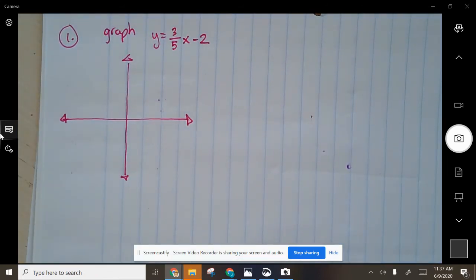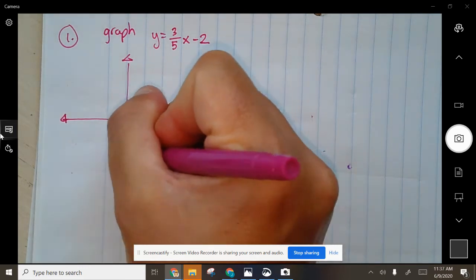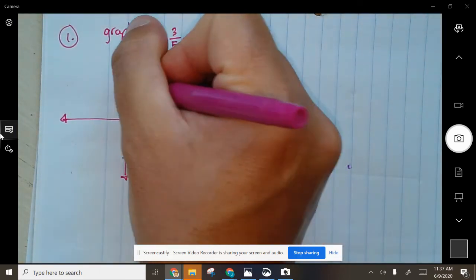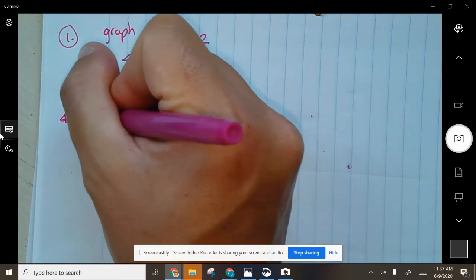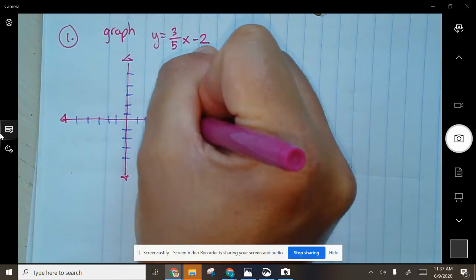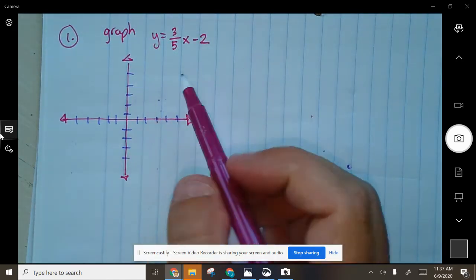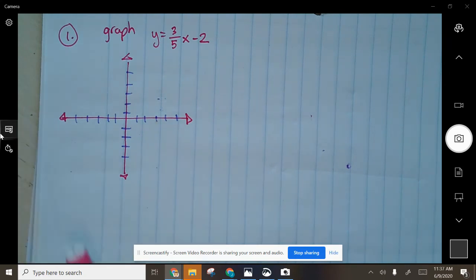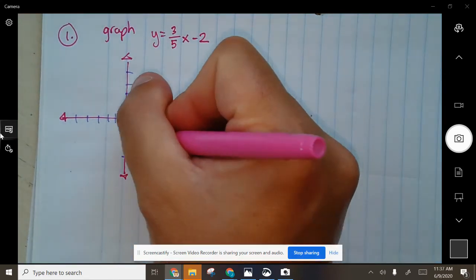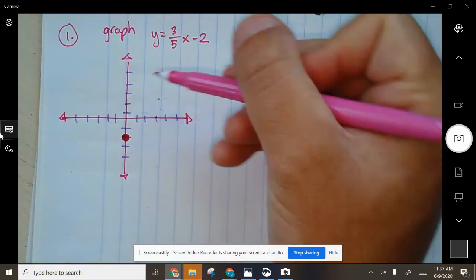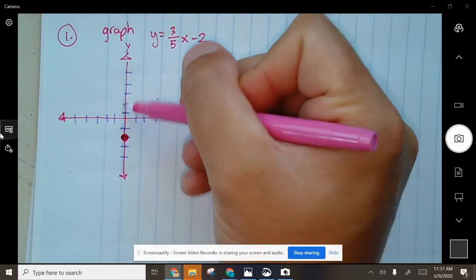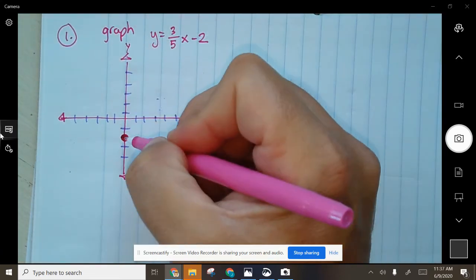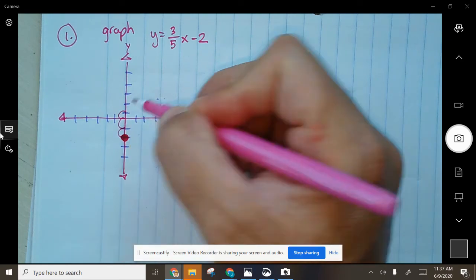Now, if you're checking your work, your first step, you should look at your flow map and see, what should I do? I need to plot the y-intercept, right? So I'm going to go ahead and -2. Isn't that where -2 is on the y? -2 on the y. And I'm going to go rise 3, 1, 2, 3.